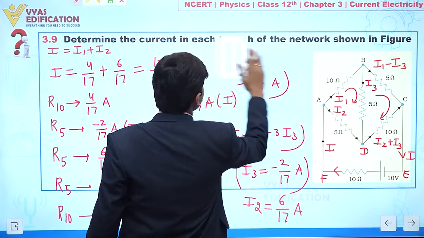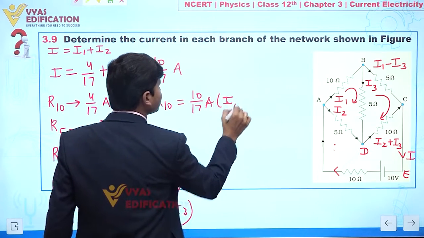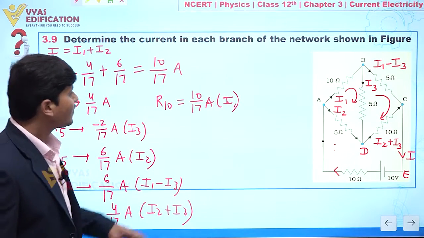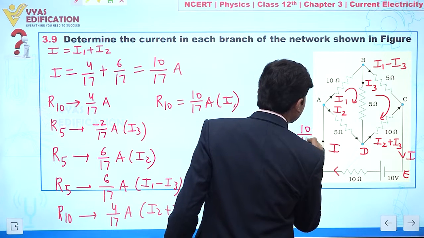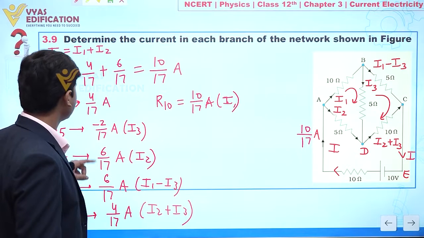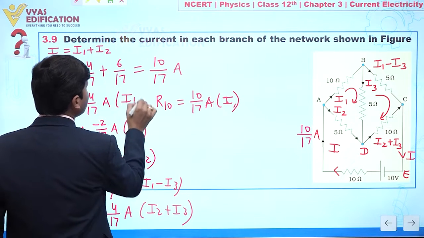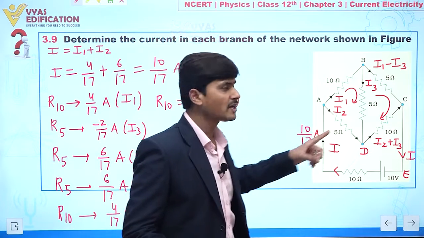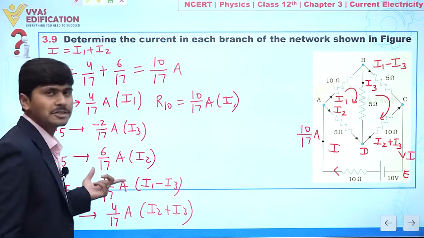Clear everyone? Now listen carefully. Let us analyze this given situation. The 10 by 17 ampere current is going through. I1 we are getting is positive, 4 by 17, and for R5 this is 6 by 17.